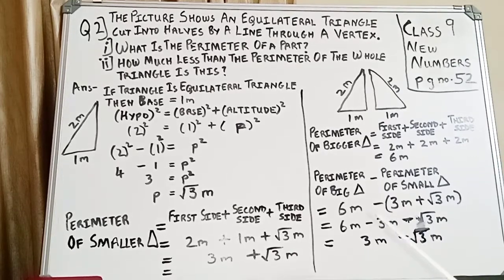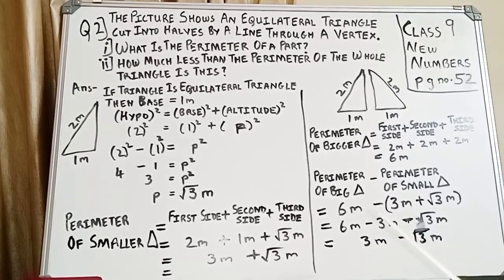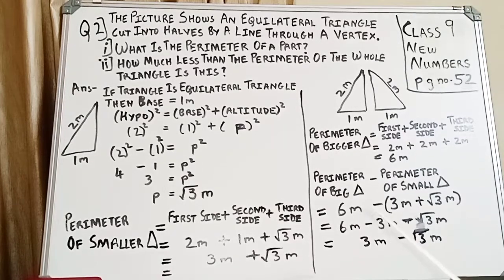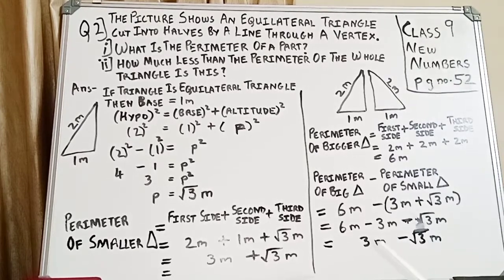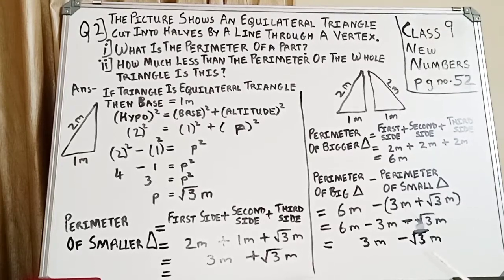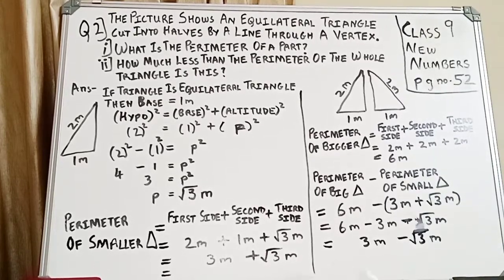If we take the bracket, the minus sign from the outer side goes inside the bracket, so we get 6 meter minus 3, and this minus sign will go over here and become minus root 3 meter. So this is how we got 3 meter minus root 3 meter. This is the final answer.